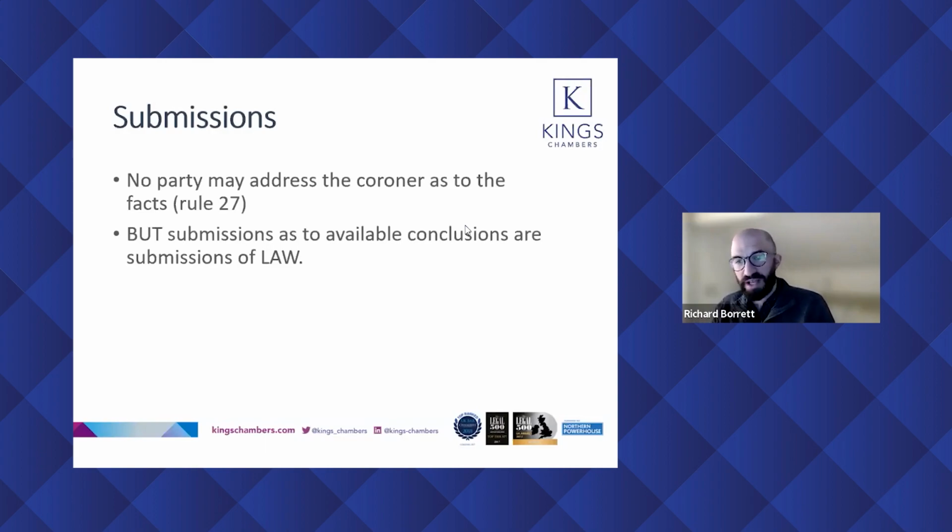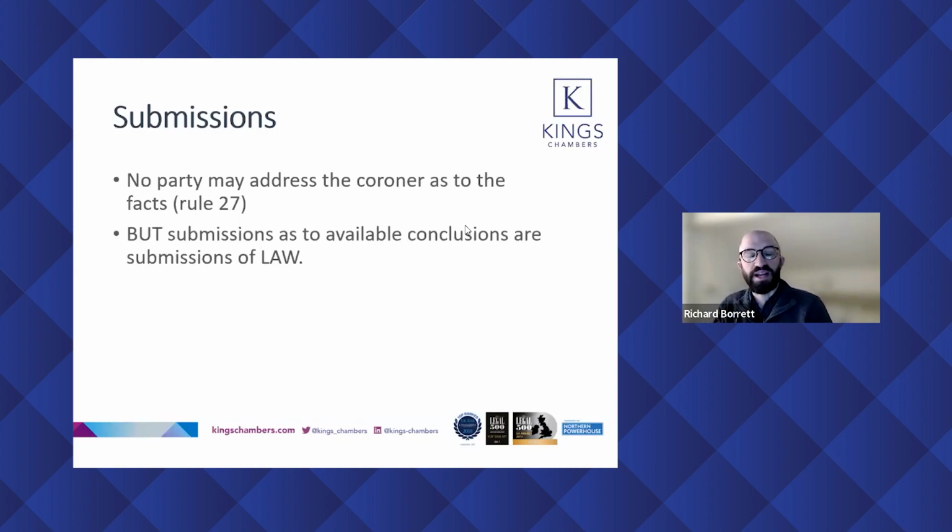Conceptually, at the end of the inquest, the coroner will decide the conclusions to which they could come are accident, misadventure, or suicide, and then will go on to consider those. Now, what is permitted is to address the coroner on which of those conclusions are appropriate, or more commonly, which are not appropriate.